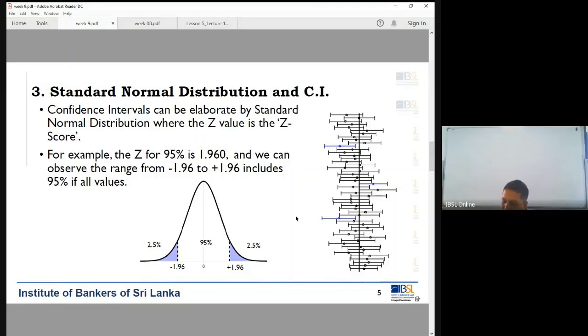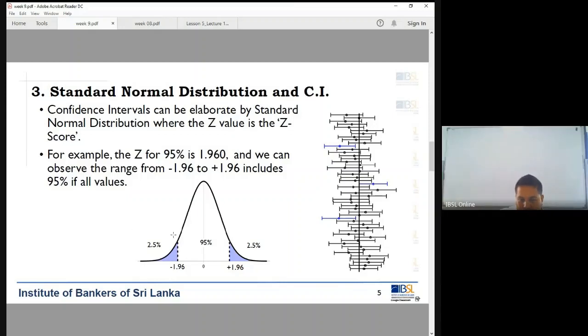So if you take one of your exam papers and scroll to the page where you have the Z table that we have given, you may find, at the positive side of our margin, what would the value be? That will be 2.5 plus 95, isn't that so? From negative infinity to this point, you have 2.5% of the data, and from this point to the extreme positive end, you will have 95%.